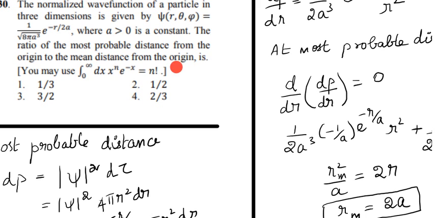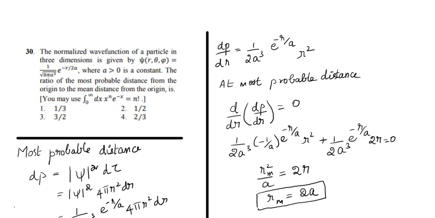So to find the most probable distance, the probability density dP by dr is the probability density. So we are substituting the d tau, the small elemental volume, as 4 pi r squared dr. So we are getting the probability density dP by dr as 1 by 2a cubed e power of minus r by a, times r squared.